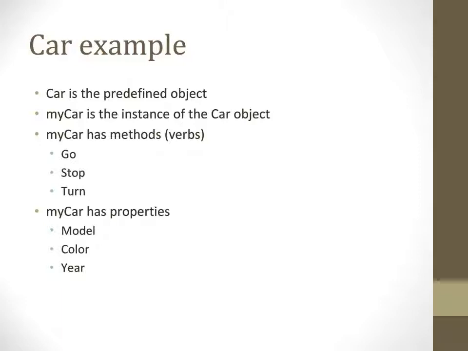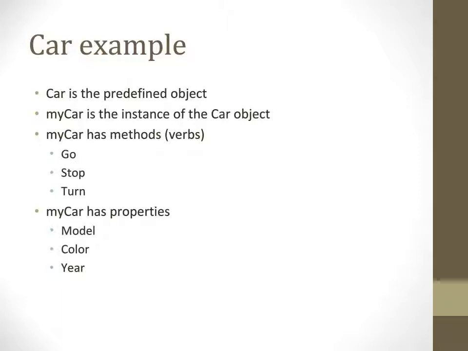And so because my car, the instance that we're using, is based on the template of this idea of a car, we could probably say that my car has four wheels, it probably has a steering wheel, it has some seats, a trunk, a hood, things like that. So the car idea is predefined, and when I buy one and I have my car, then it inherits those things associated with the concept of a car.